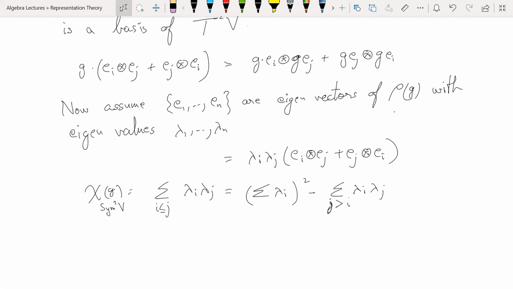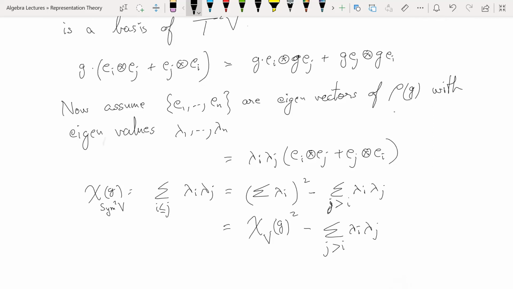This part is chi V of G whole squared, and this part we still have to understand.